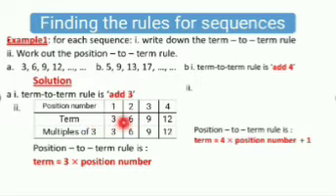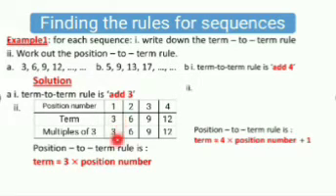You can observe here that the sequence matches exactly the multiples of 3. These are the multiples of 3, and this is the sequence, so they are the same. Is that clear? From here you can generate the position to term rule. The position numbers are 1, 2, 3, and 4, so it is 3 times the position number to get each term.